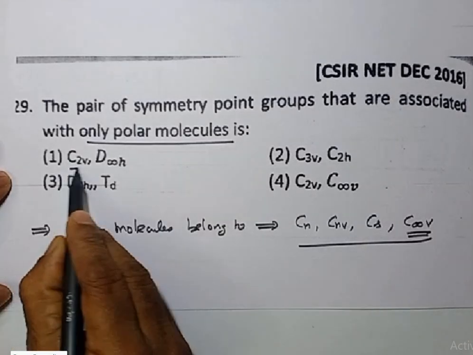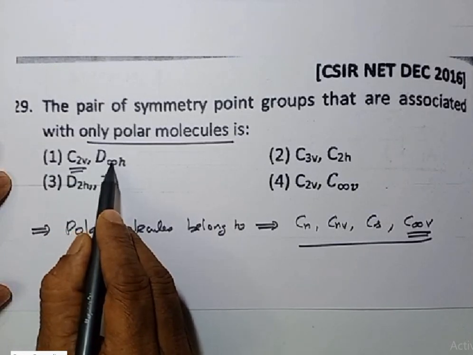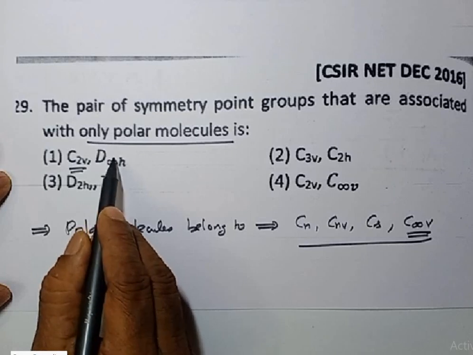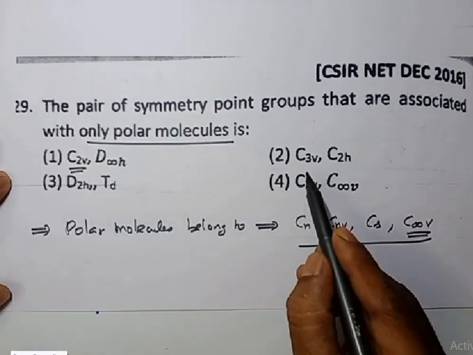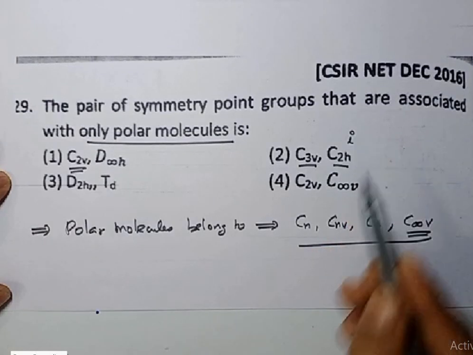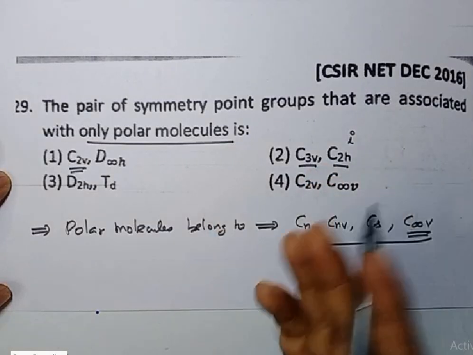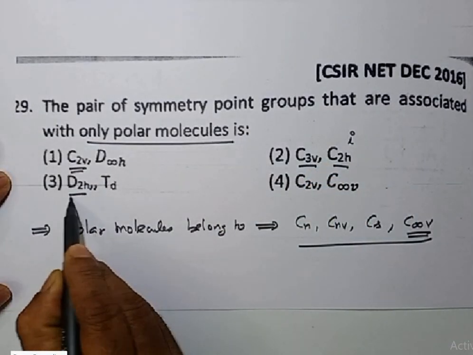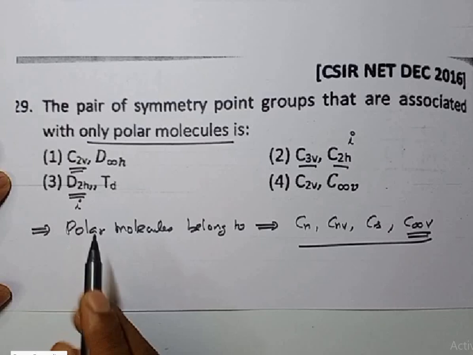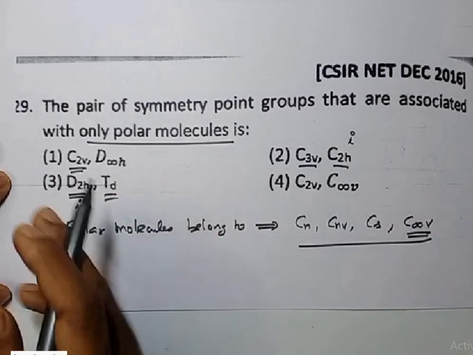So in option A, C2v is polar, but D infinity h has a center of symmetry, so it cannot be polar. Here C3v is okay, but in C2h there is a center of symmetry, so it cannot be polar. D2h has a center of symmetry, it cannot be polar. Tetrahedral, a perfectly symmetric molecule, cannot be polar.